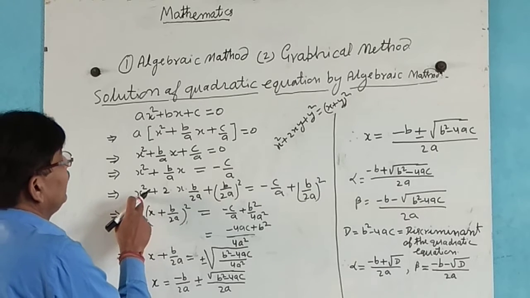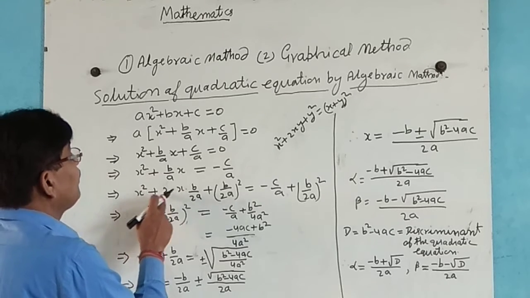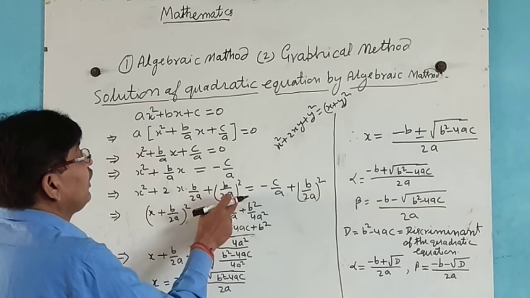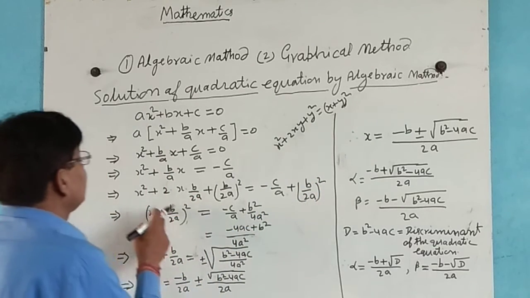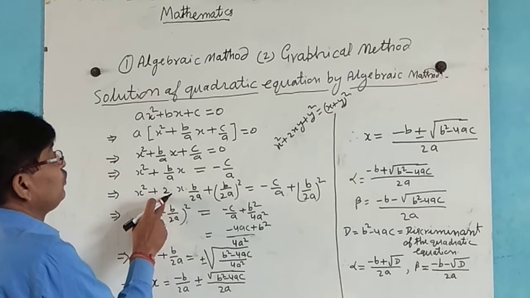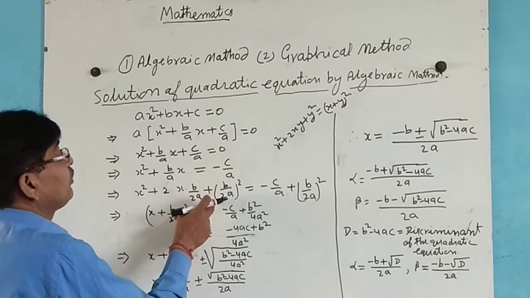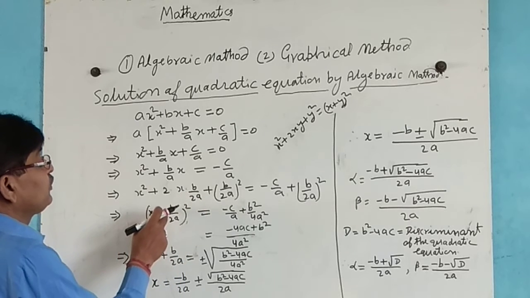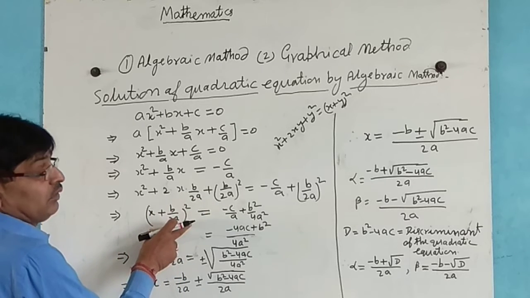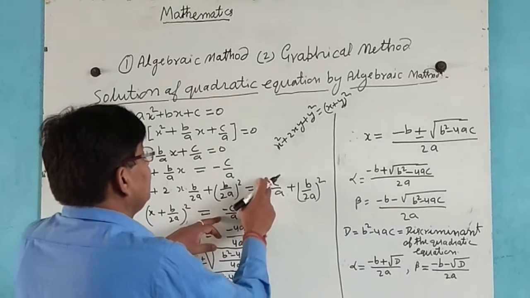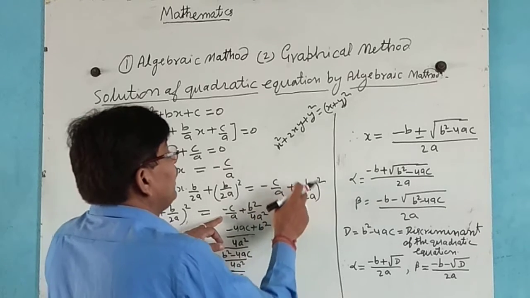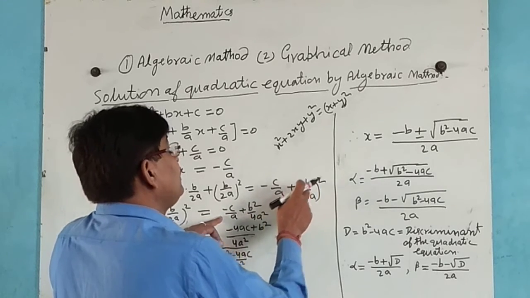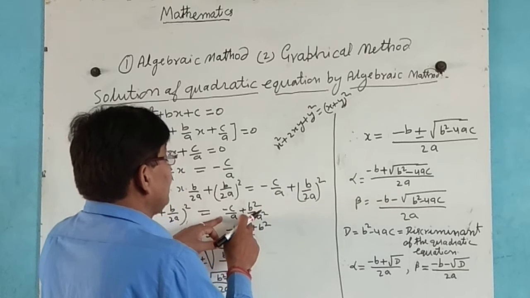Now x square plus 2xy plus y square equal to x plus y whole square, just like x square plus 2a into product of both plus b by 2a whole square, that is equal to x plus b by 2a whole square. And here c by a, b by 2a to the power 2, b square divided by 4a square.